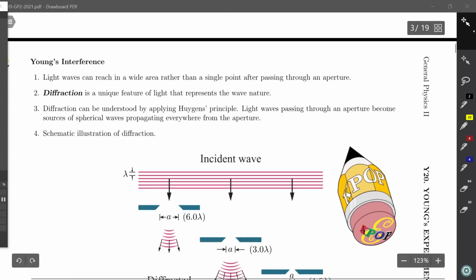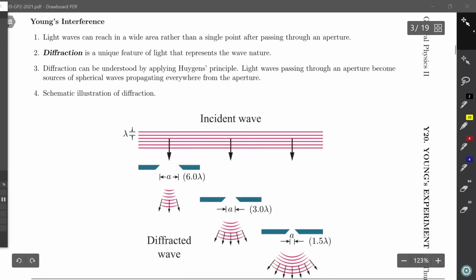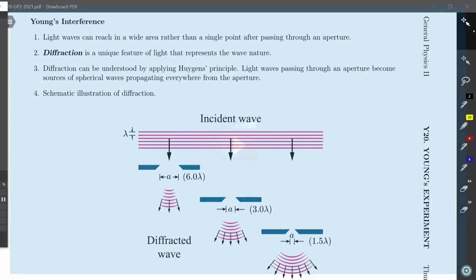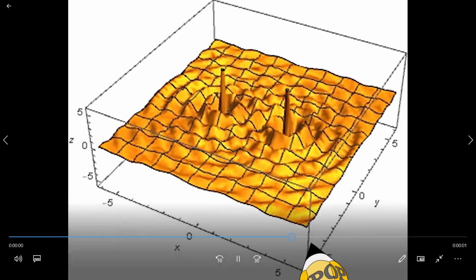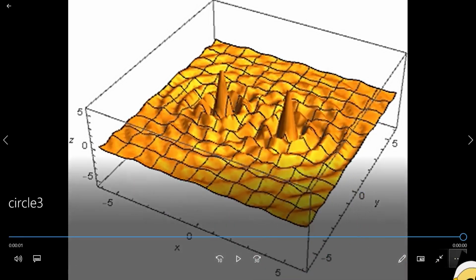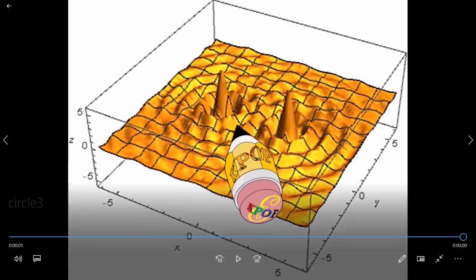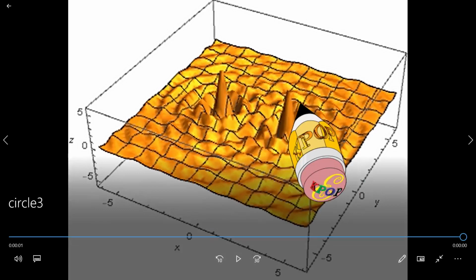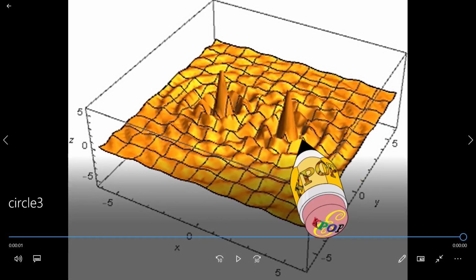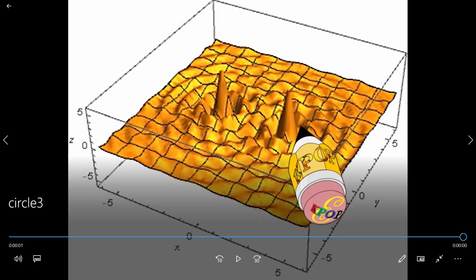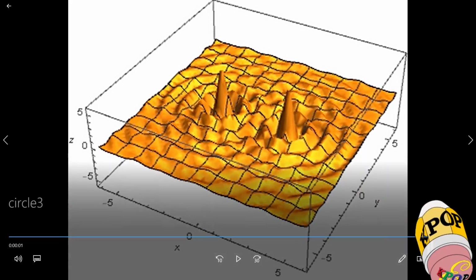Young's experiment is like this. We have two sources of waves, and they are coherent. Coherent means that their phases are equal to each other.